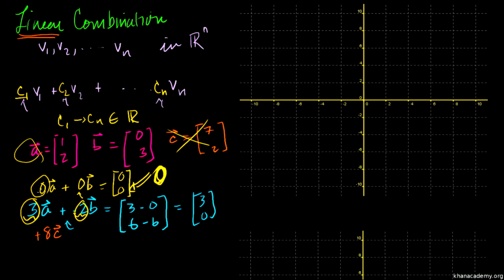But it begs the question: what is the set of all of the vectors I could have created? This is just one member of that set. What is the set of all the vectors I could have created by taking linear combinations of A and B? Let me draw A and B here. Maybe we could think about it visually, and then mathematically.